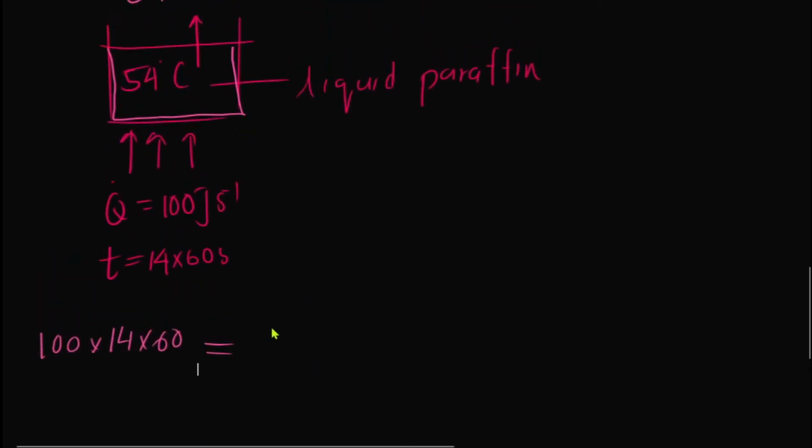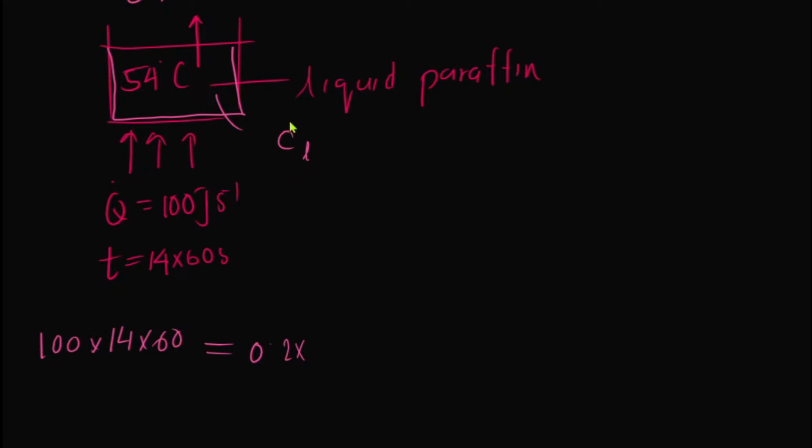By the liquid paraffin, m into, so the liquid paraffin mass is given, right? Mass was given, 0.2, right? 0.2 into the specific heat capacity of liquid paraffin, which is not known. What was given was the specific heat capacity of the solid paraffin. So when it converts into liquid, its specific heat capacity changes, guys, so you need to understand.